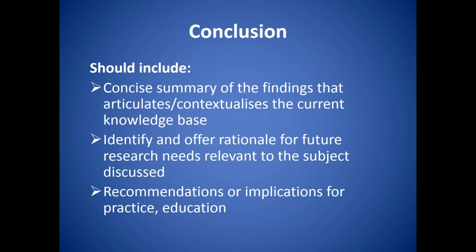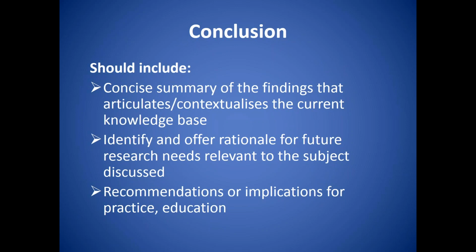So the conclusion. You've got your introduction to your literature review, you've got the main body where we funnel right down to your research, and your conclusion. So it's a bit of a repetition, and this is what happens when you're writing dissertations and theses: the introduction tells you what we're going to do, you do it, and then we conclude by saying what we've done. And this is exactly the same for this literature review.